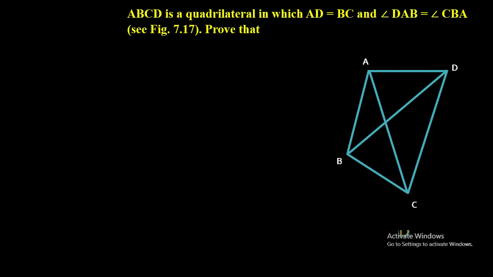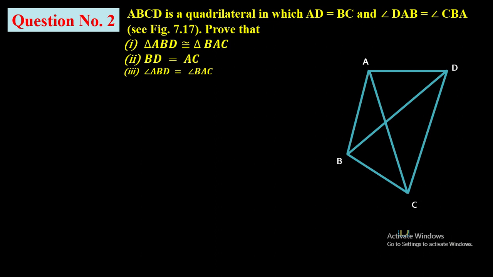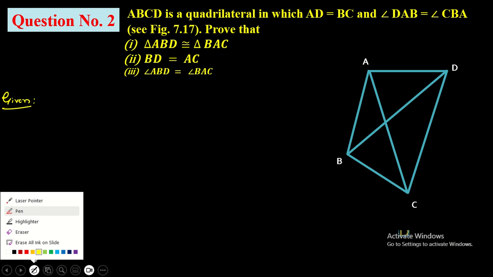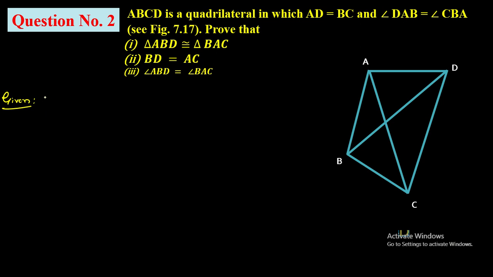Now let's take question number 2. In question number 2, it's given that ABCD is a quadrilateral in which AD is equal to BC.